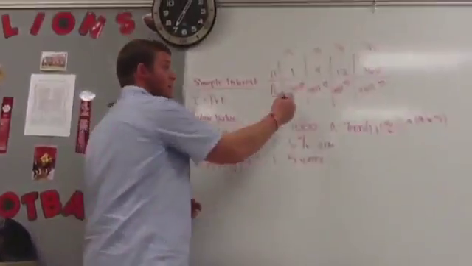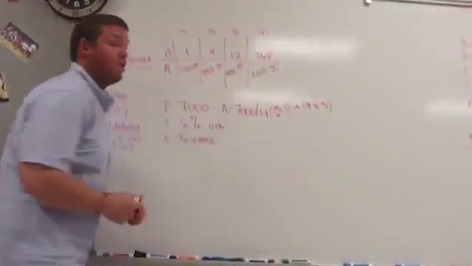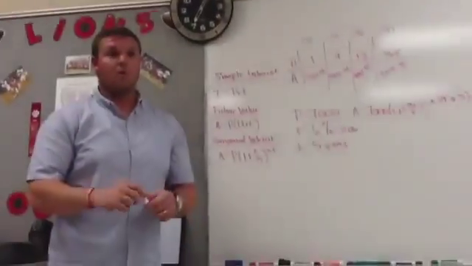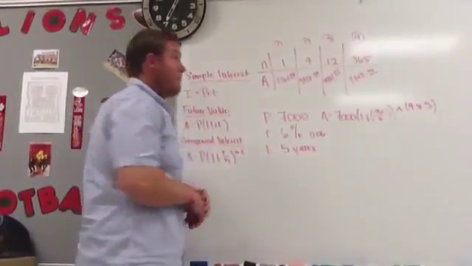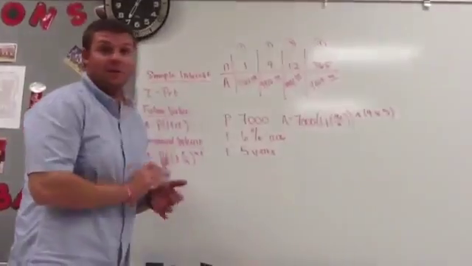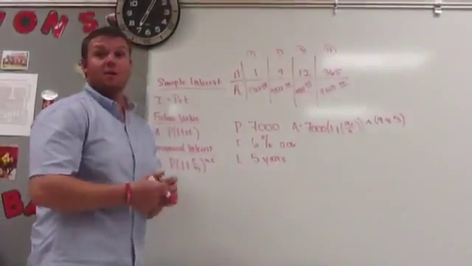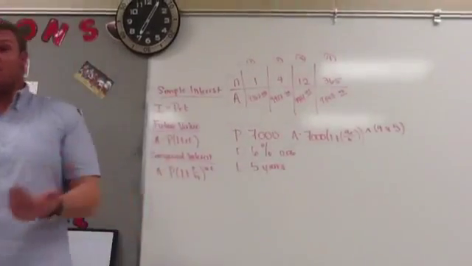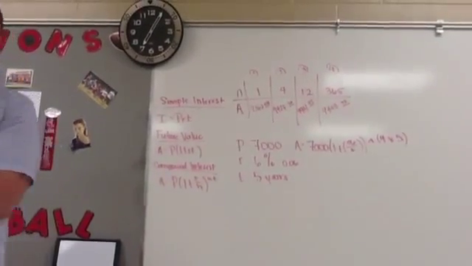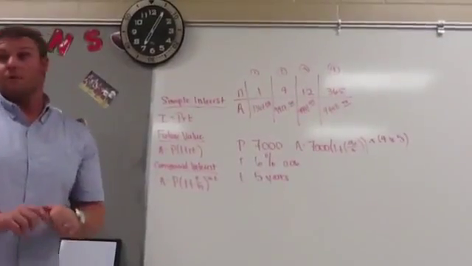It's going to continue to get larger as it gets compounded more. So if you get 9,367.58 for 1, and for 2 you get 3,927, you did something wrong. Go back and look at it. Make sure you have parentheses where you need them. Make sure you use the right n. Does that make sense?